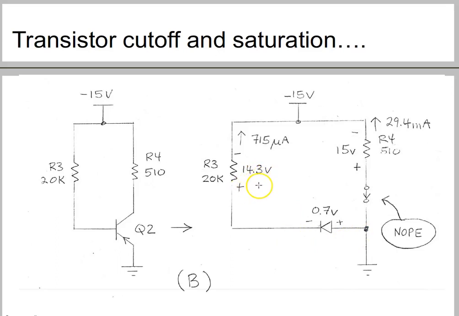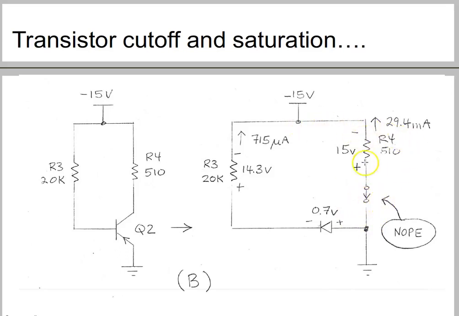So the base current is going to be 715 microamps, and this means that there is a base current. We'll assume for the moment that the transistor is saturated, and we'll check if our assumption is correct or not. If the transistor is saturated, then the collector potential should be 0 volts, right? Because in saturation mode this switch will behave as a closed switch, so we are going to get 0 volts.